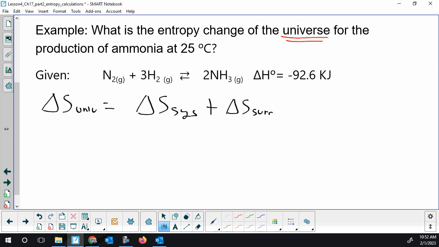So we're going to use the two pieces that we just learned how to calculate. I'll get started with the system piece first.